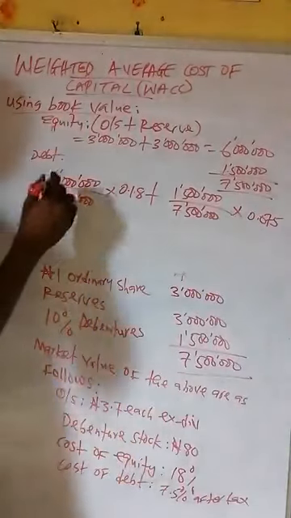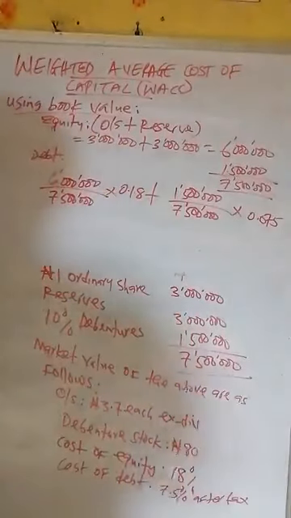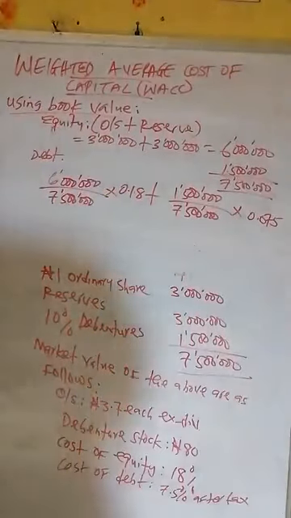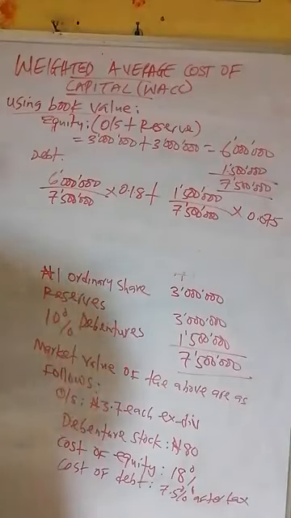Now, let's compute this and see what we are going to have. So 6 million divided by 7.5 multiplied by 0.18. We have 0.144.